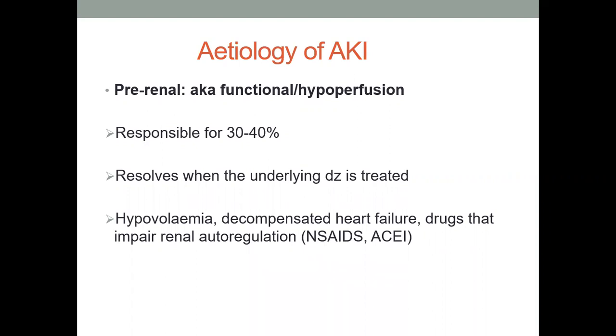For instance, if it's bleeding or hypovolemia, or the patient is behind on fluids, with fluid resuscitation most of the time the AKI also improves. AKI can be secondary to hypovolemia, acute decompensated heart failure, drugs that impair renal autoregulation, and all that. These are some of the causes of pre-renal AKI.